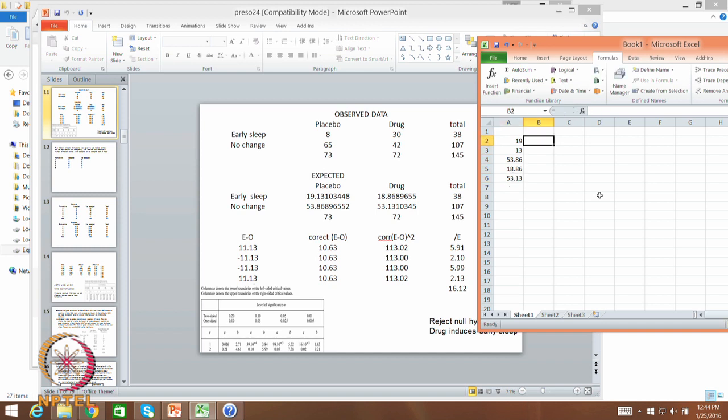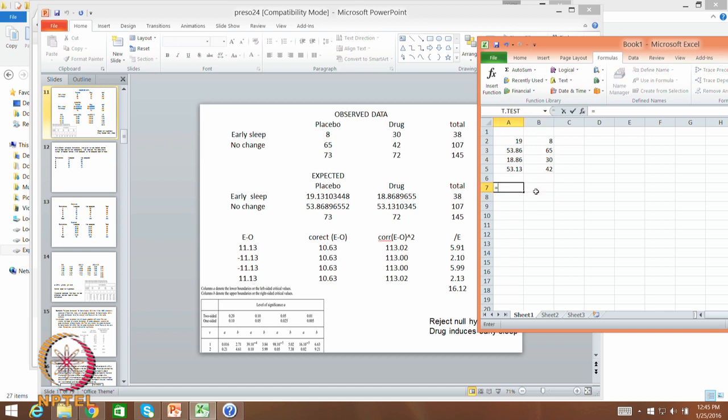Then I go up, observed is 8, 65, 30, 42, sorry. So, 19, 53.86, 18.86, 53.1, 8, 65, 30.